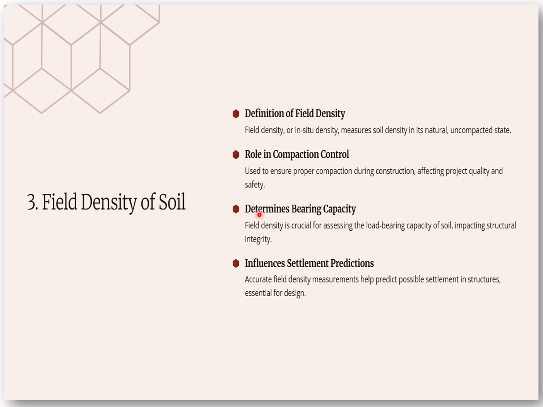Next, how it determines the bearing capacity. Field density is crucial for assessing the load bearing capacity of soil, impacting structural integrity. Next, how it influences settlement prediction. Accurate field density measurements help predict possible settlements in structures, essential for design. So we have seen the field density of soil.